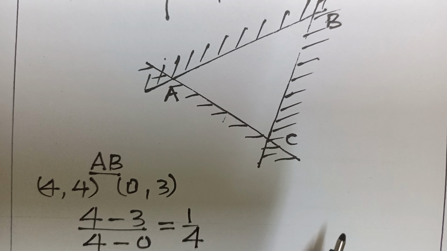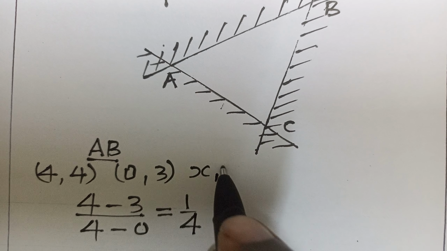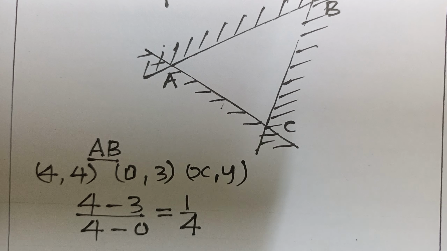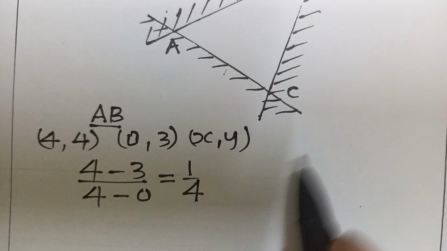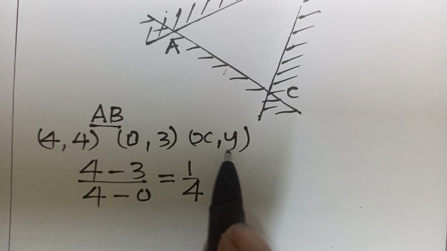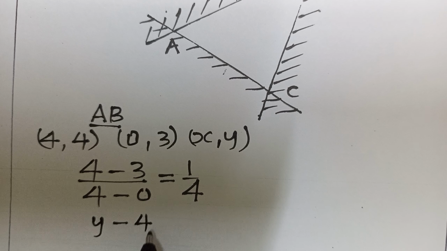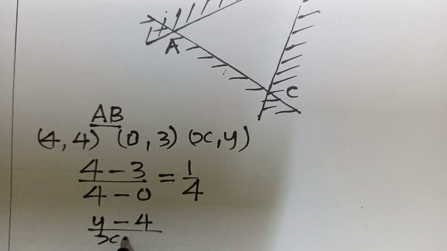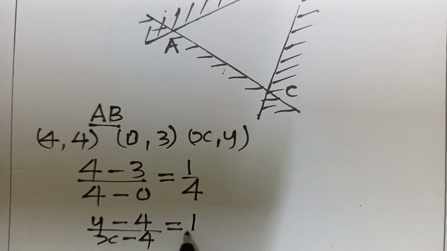Guys, with the gradient and with another point x, y, I can now get the equation. So you shall have y minus 4, x minus 4, and the gradient is a quarter.